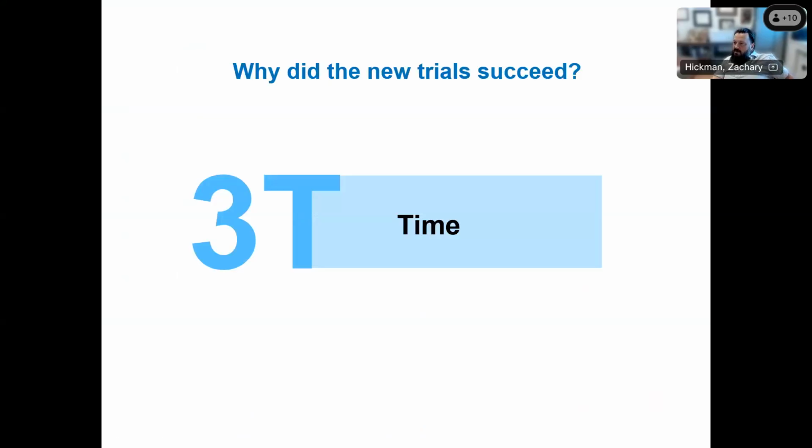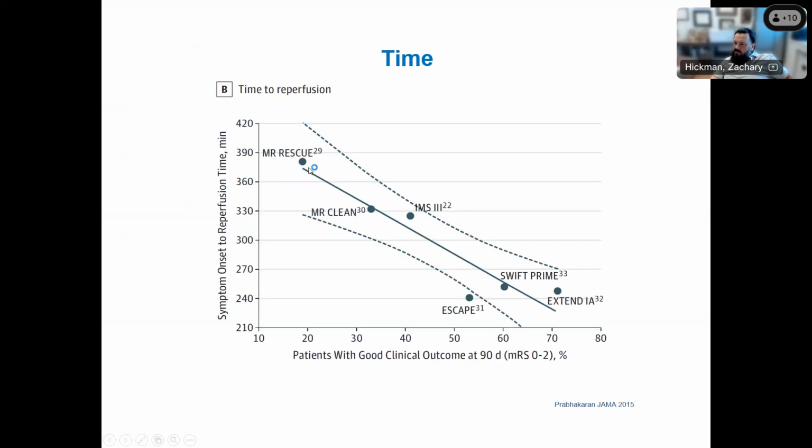So, time. Multiple studies have been done, as I mentioned, in the last 20 years or so. They all had different times that they had to get patients into a thrombectomy suite and get reperfused.